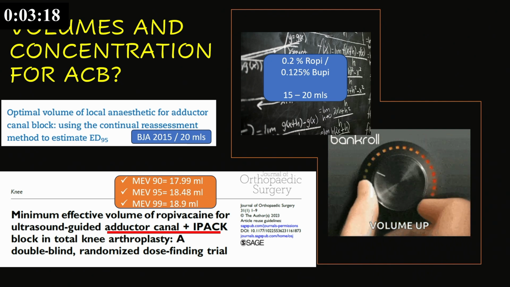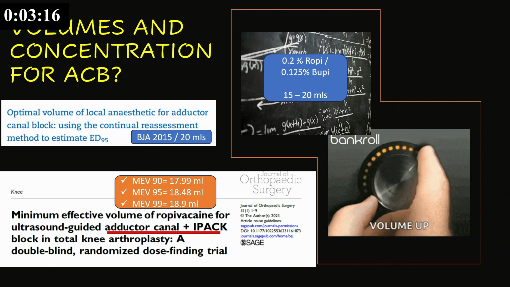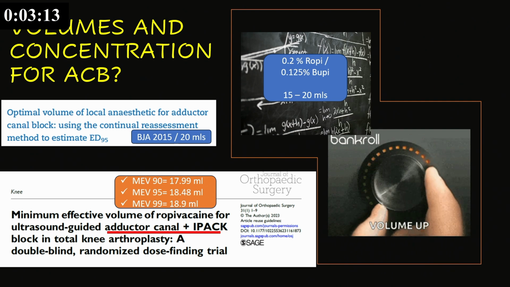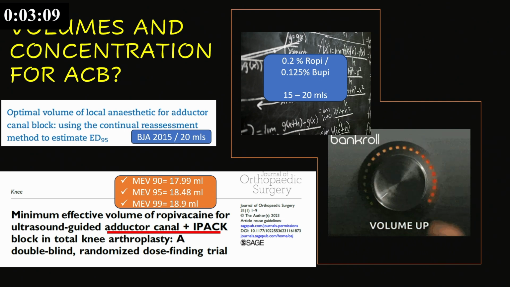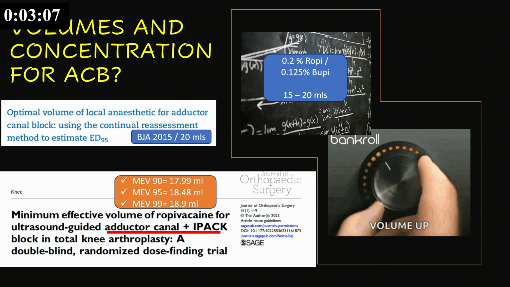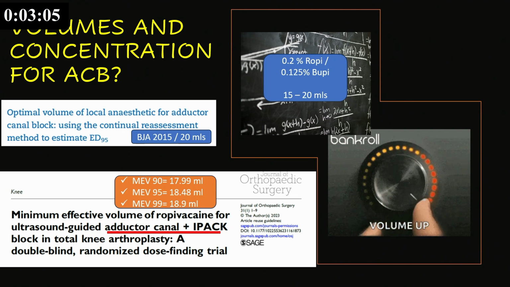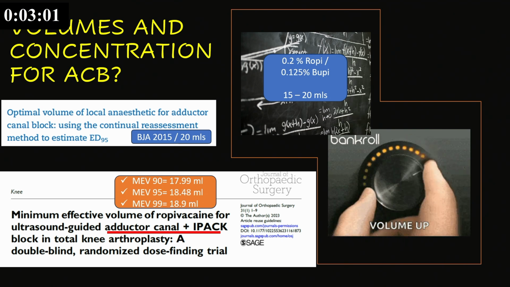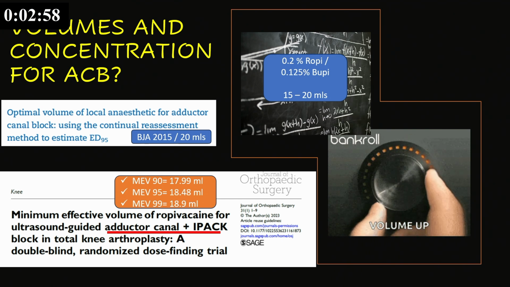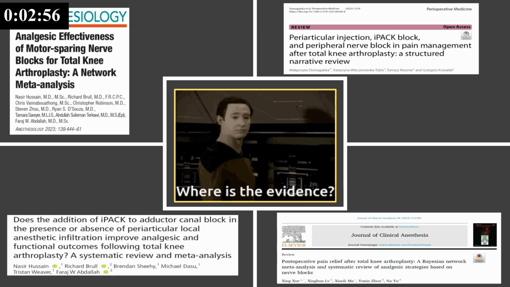And very recently published, they identified 3 volumes, MEV 90, 95 and 99. MEV 99 means 99% of the population it will suffice. This shows it's 18.9 mLs. So a 15 to 20 ml volume is good. And since we have to have motor sparing, use 0.2% ropivacaine or 0.125% bupivacaine.